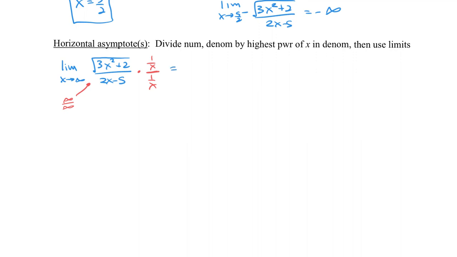So the first step is the limit as x approaches infinity, and we have 1 over x times this radical, 3x squared plus 2. Now the denominator is not really a problem. We can distribute this through here, and we will get 2x over x minus 5 over x.